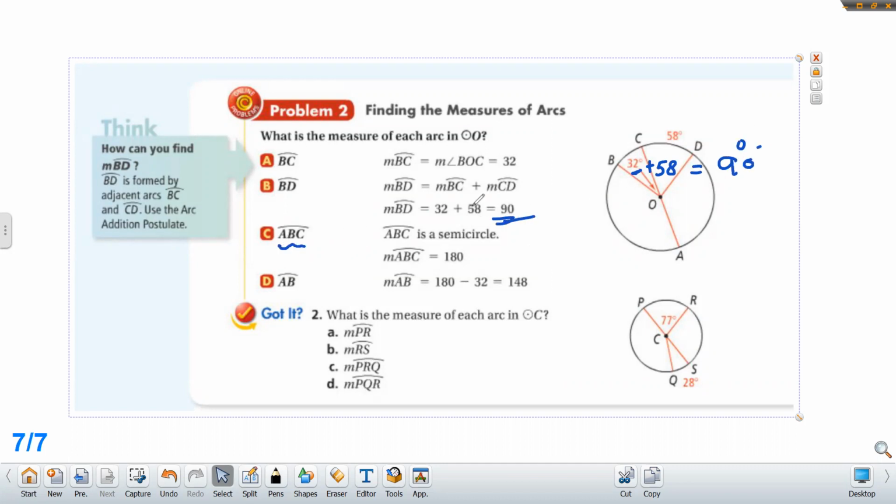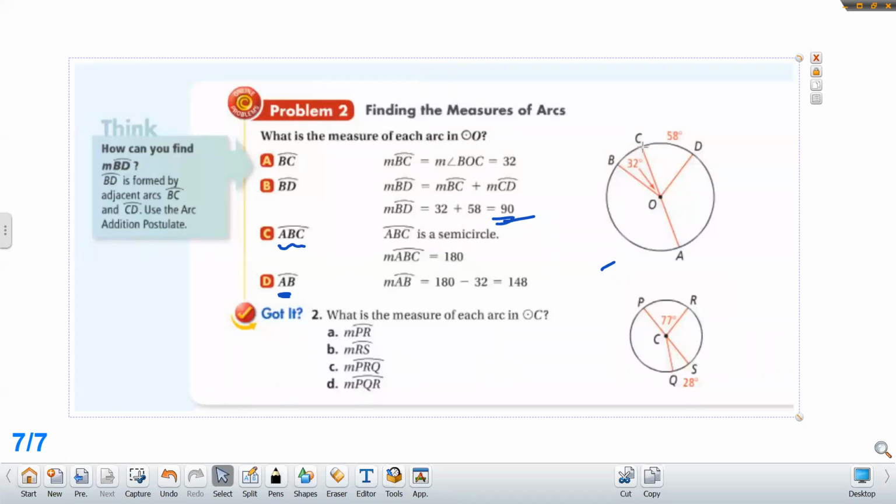He asks me the next question, which is ABC. ABC is a semicircle, and any semicircle is 180. The next, he asks me AB only, which means I have to remember that I'm working with a semicircle.